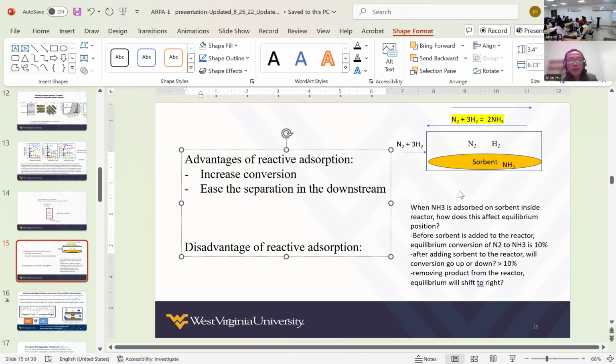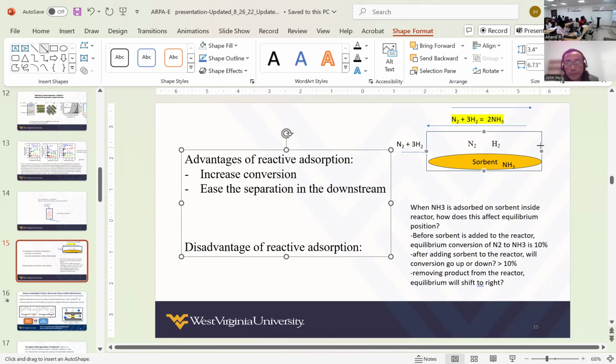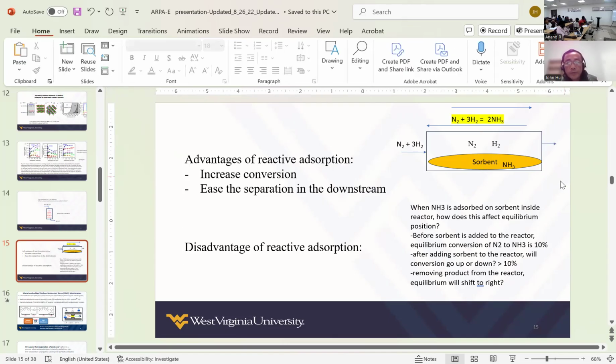Make sense? Because you already have the ammonia and solvent inside the reactor. So what's coming out here? It's just nitrogen and hydrogen. There's no need to do the downstream separation, all right? That's the advantage.